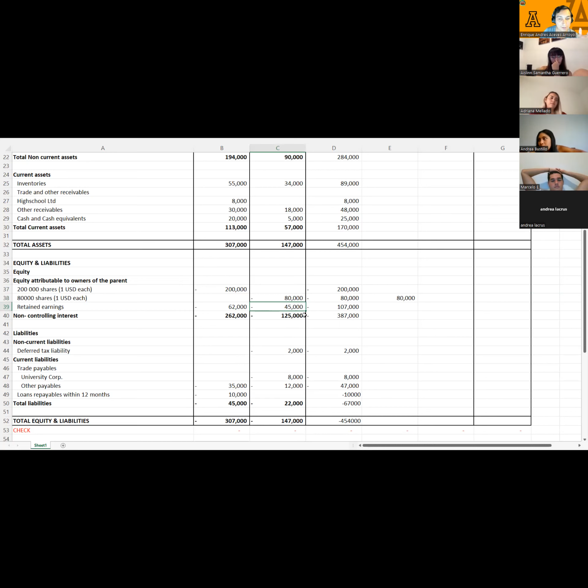So from this 45,000 of retained earnings from the subsidiary, how much of those belongs to the parent? Well, 80%. It bought 80%, the university, so like 33,000 something. Yes, it is.